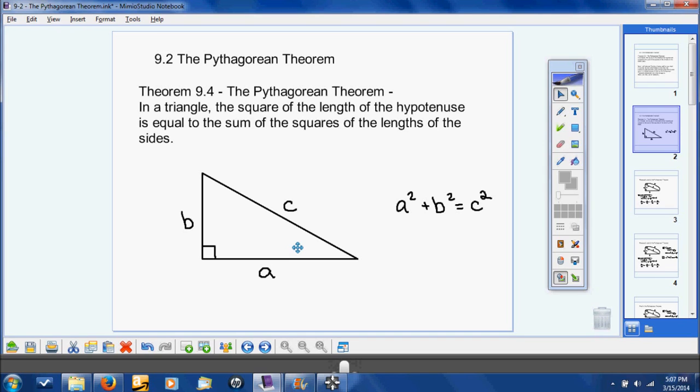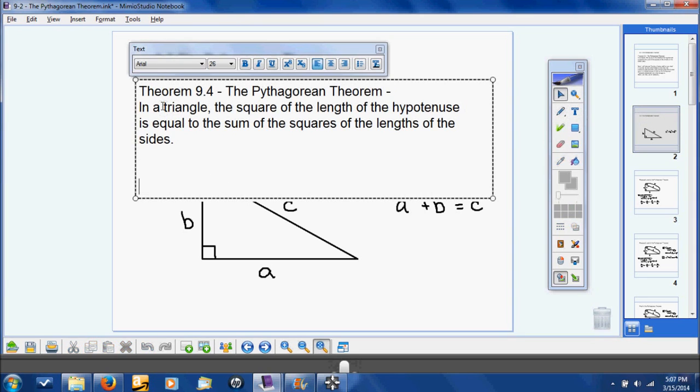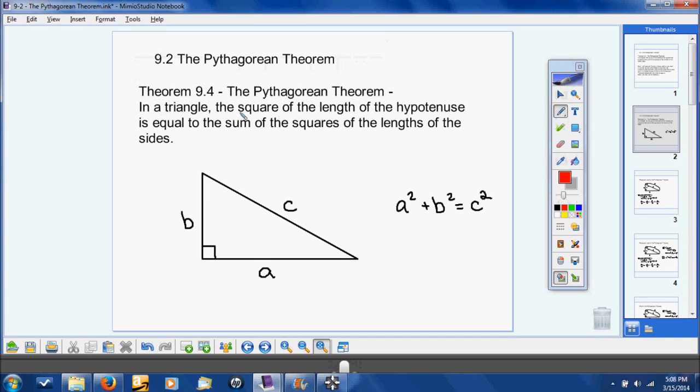The square of the length of the hypotenuse is equal to the sum of the squares of the lengths of the other sides. So we can draw a triangle like that. The legs we call A and B. Well, I made a mistake. It should say right triangle. So let's just add that in a right triangle. And I'll put that in red so that you remember to add that in.